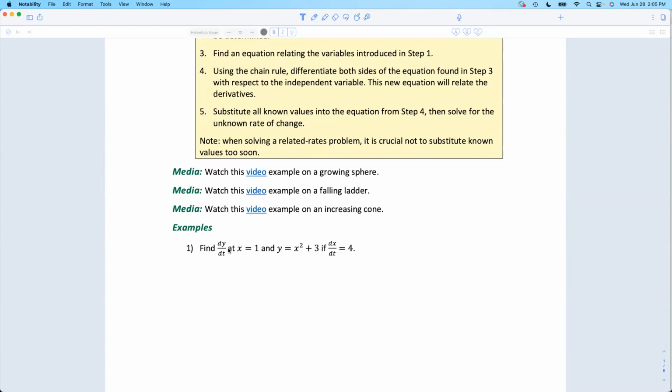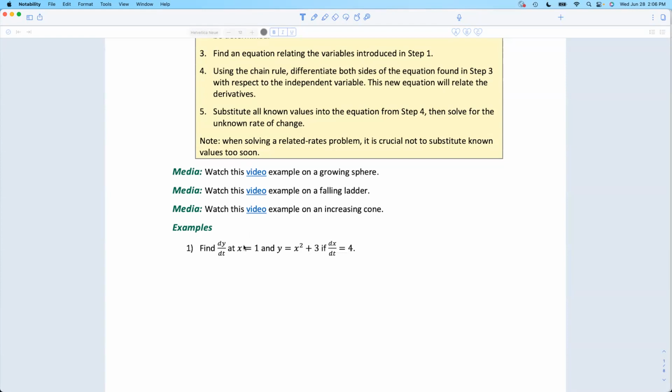I want to find how quickly Y is changing with respect to time at a particular moment, at that moment right there, when X equals 1. Now, when I say at a particular moment, I'm not telling you the time. I didn't say T equals 3 seconds, but I told you some information about that time. Whatever time it is when X equals 1.